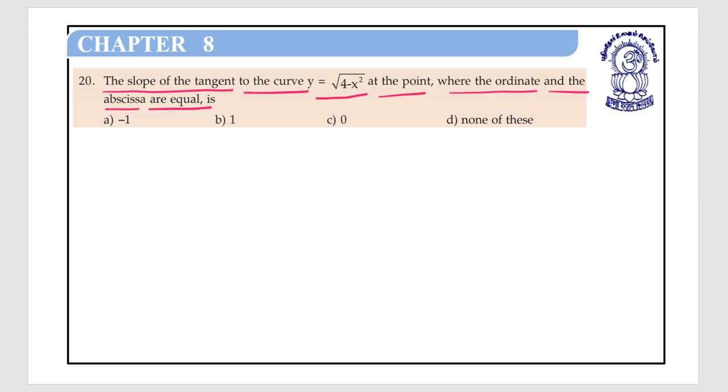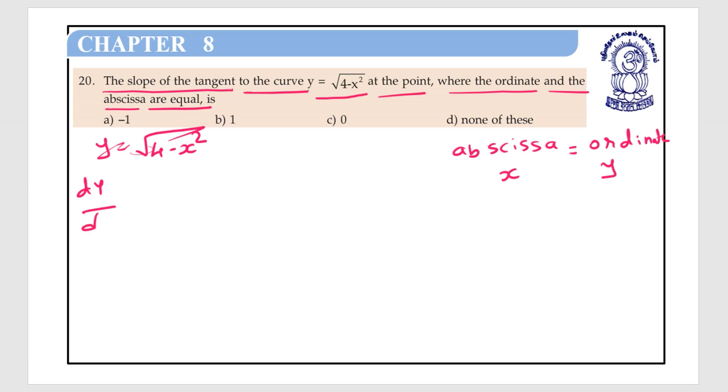Here abscissa means x and ordinate means y. Both are equal, which is mentioned in the question. Curve y is equal to under root 4 minus x square.